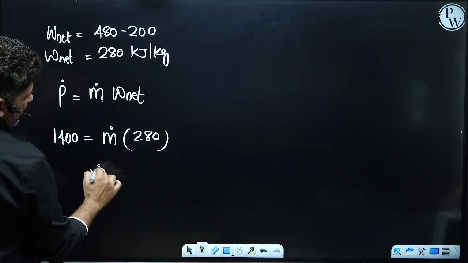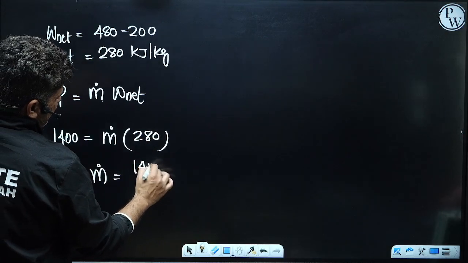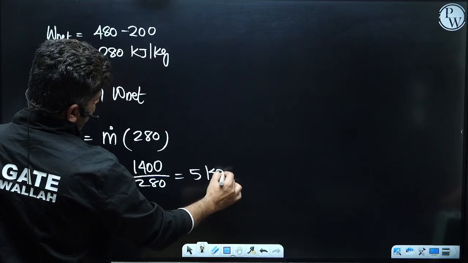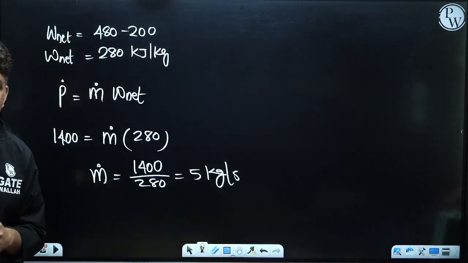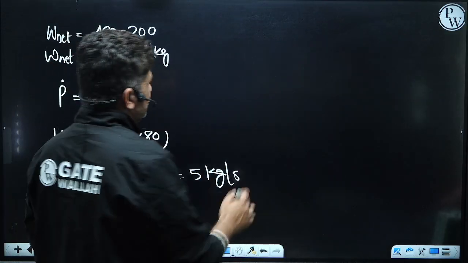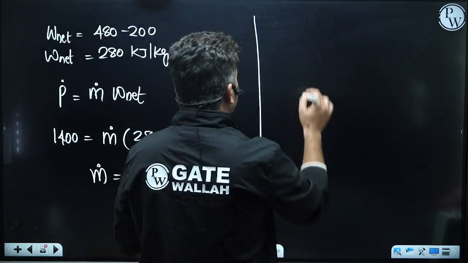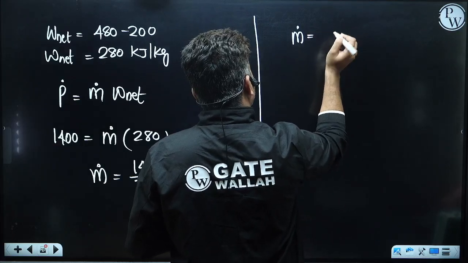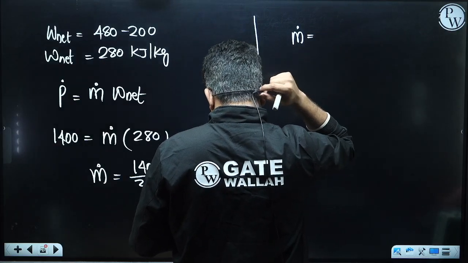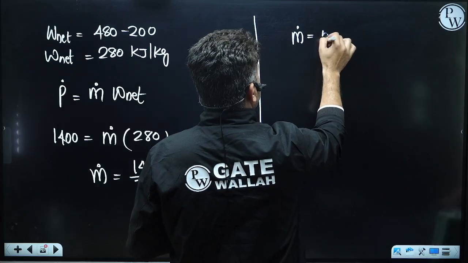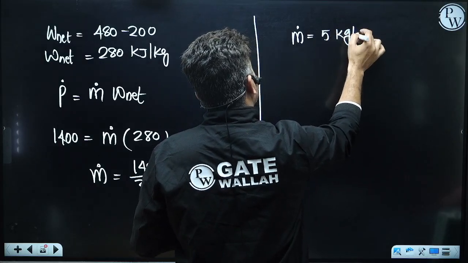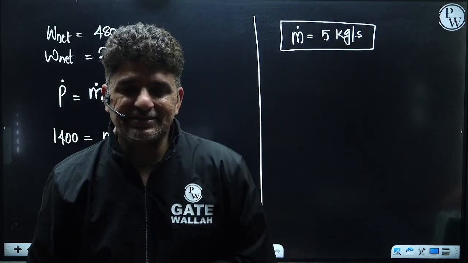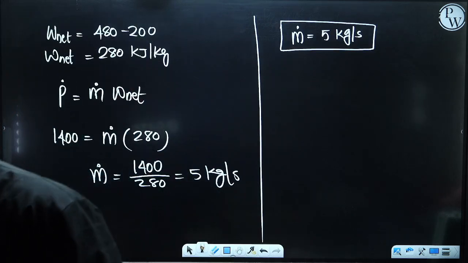So the mass flow rate is 1400 divided by 280, that is 5 kg per second. So the mass flow rate of the gas turbine which develops 1400 kilowatt using the Brayton cycle is 5 kg per second.